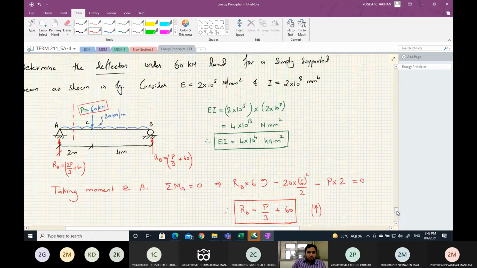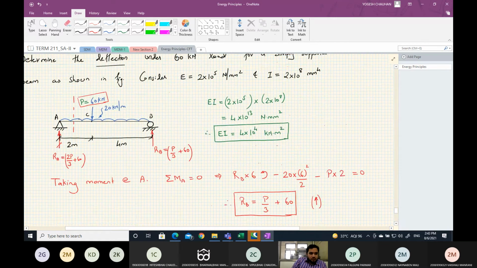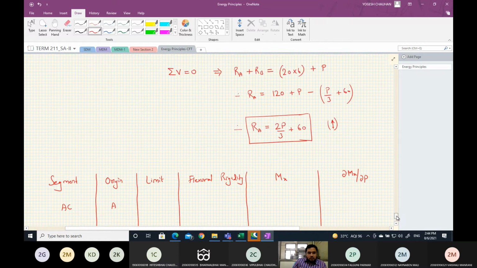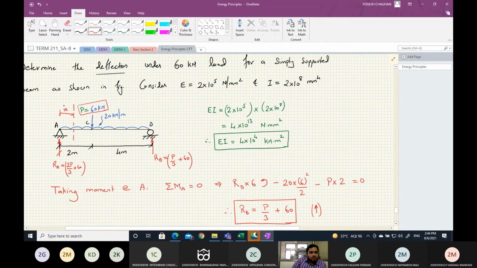Now it will be easy if we consider this section at a distance x from A for segment AC. Okay. For first segment is AC, origin is A. You can consider origin as C as well, but your limit and all you have to modify accordingly.